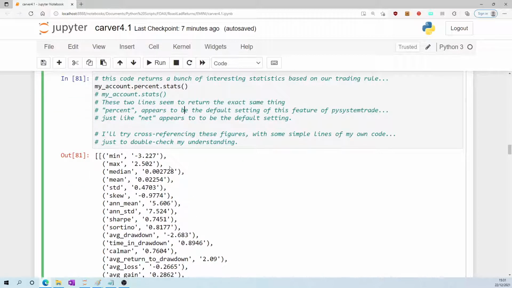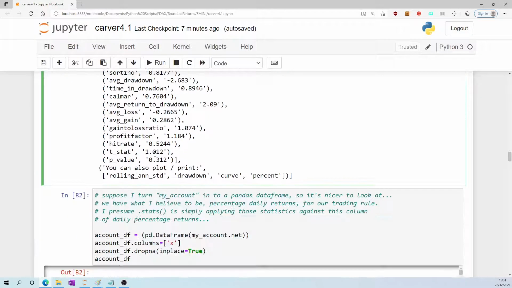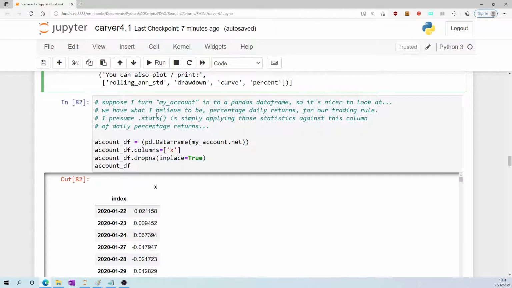What I'm going to do in the following cells is cross-reference the figures generated here with some simple lines of my own code just to double check that I understand where these figures are coming from. So imagine that we take the object myAccount and turn it into a pandas data frame just so it's a bit nicer to look at.